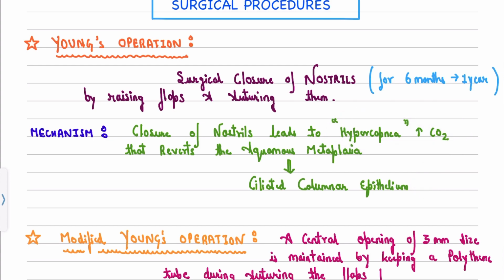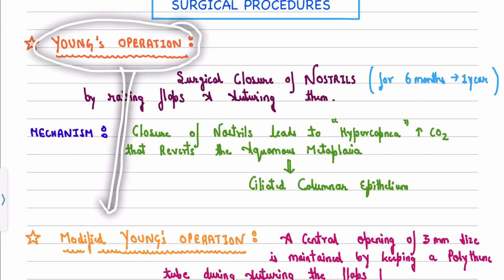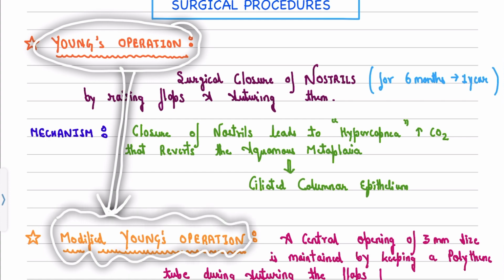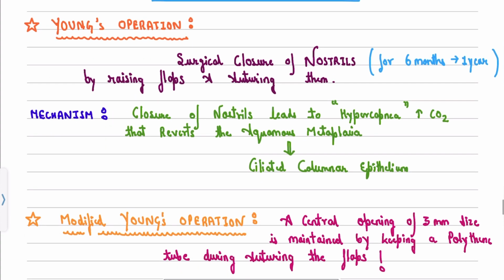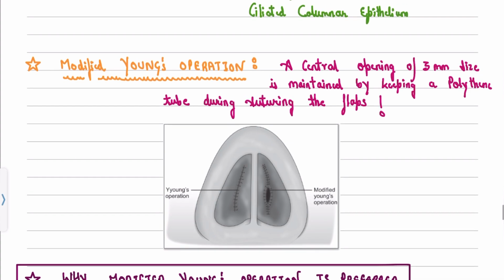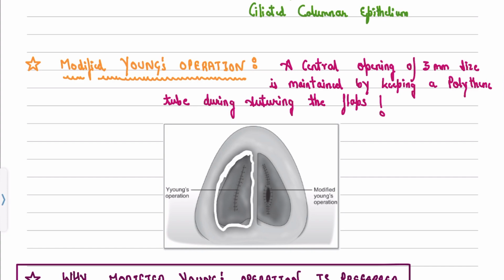But nowadays, we don't prefer Young's operation. We prefer the modified Young's operation. What is the difference between them? In Young's operation, by suturing and raising flaps, we close the entire nostril.